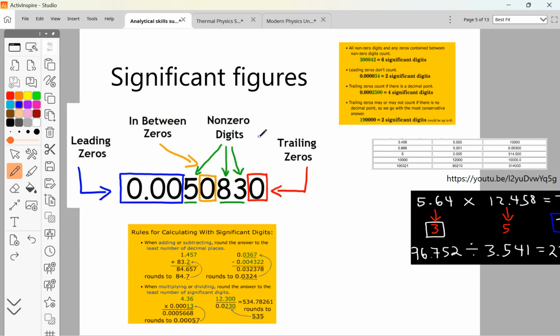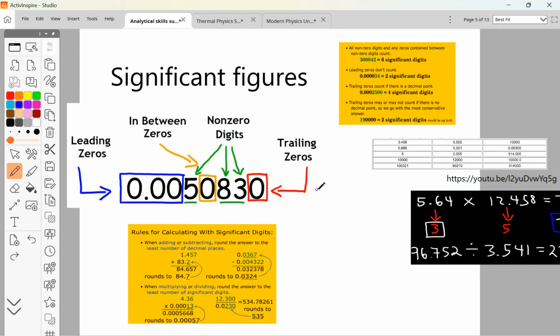Significant figures, please, you know the rules. The zeros in the beginning never count. So these ones, they are not significant. Zeros in between values are always significant. So please remember that they're always significant. Values that are not zeros are always significant.